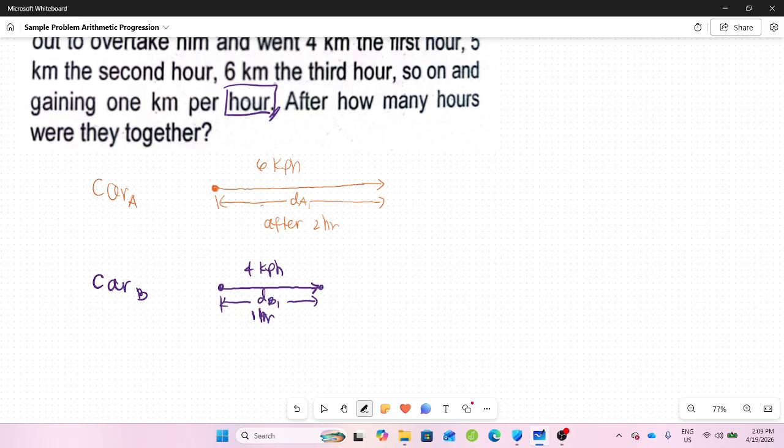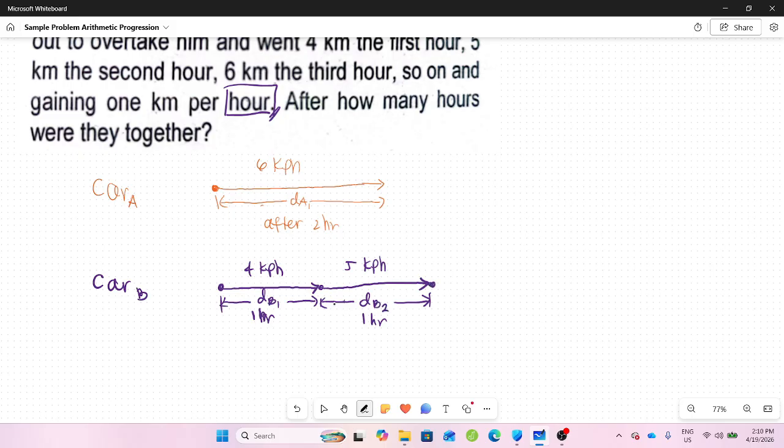After 1 hour, its speed increases by 1, so its speed now becomes 5 kilometers per hour. This is for another 1 hour, and again there will be a corresponding distance traveled by car B, distance B2.